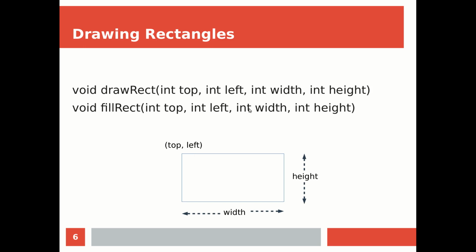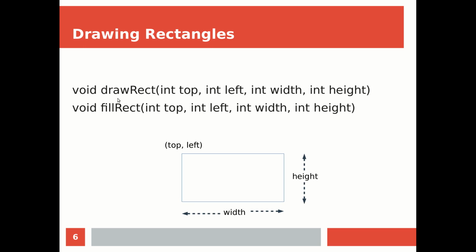And now we pass the width and height of this rectangle. So if we know this top left coordinate and then the width and height of the rectangle, then the algorithm for drawing this rectangle is able to calculate the coordinates of all the other corners of this rectangle.